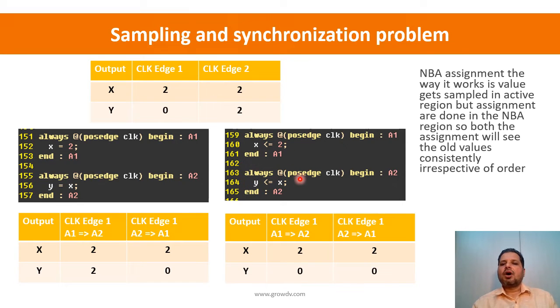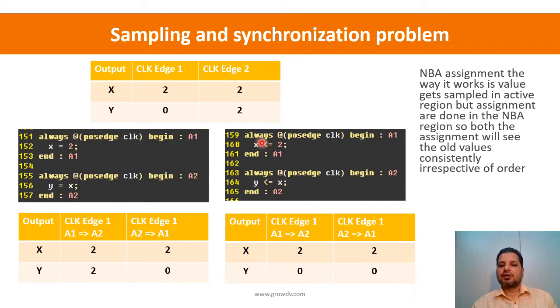So in both the always blocks, in any order they execute, we are not doing the assignment. We are just sampling the values. So we will sample the value 2 in the active region and schedule it for assignment to x, and we will sample the value of x here, which will be currently 0 because this assignment has not taken place.